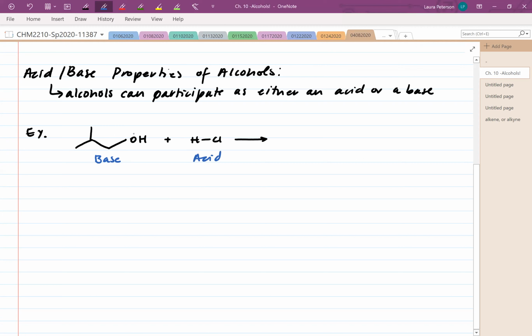So we can revisit our acid-base mechanisms. We're going to generate the conjugate acid of our alcohol, which is this, and then the conjugate base, which would be our chloride anion. So here we can see that the alcohol could act as a base.